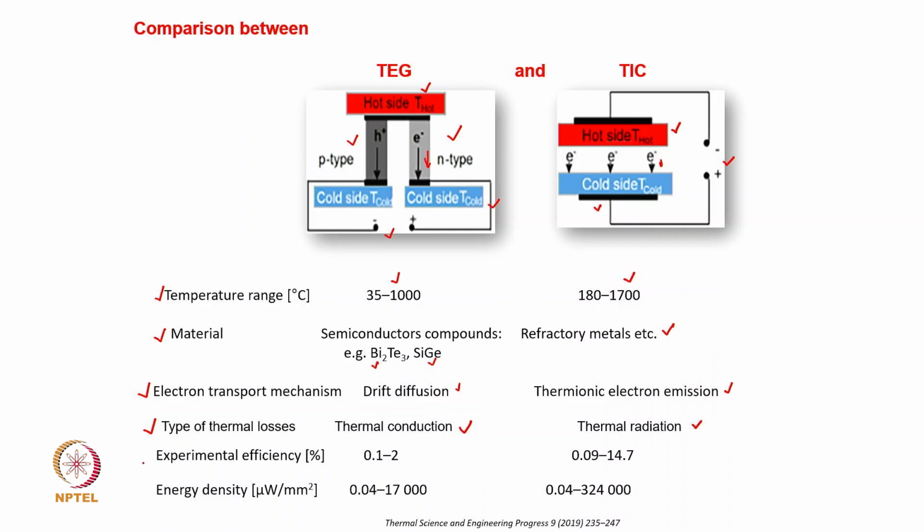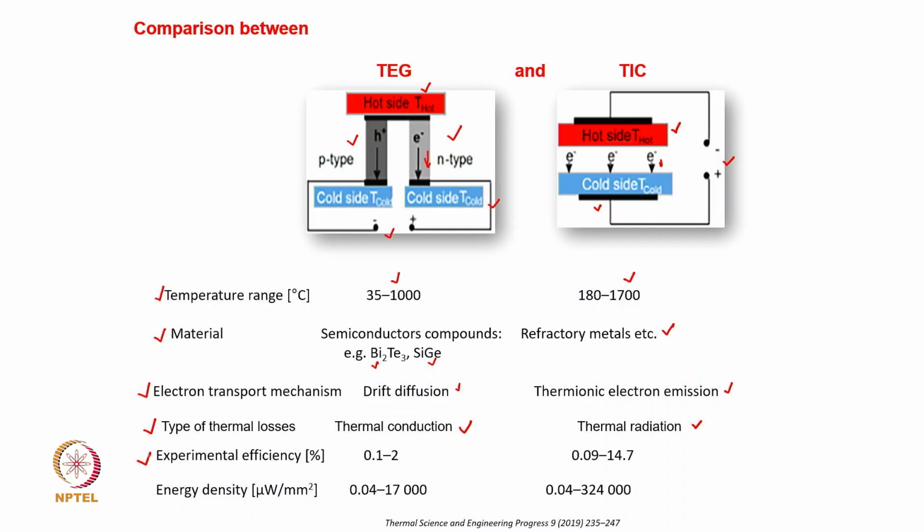When we look at experimental efficiency, so far TEG devices have not shown a very high efficiency. Although a lot of materials have been developed, a lot of materials have been assembled up to nanomaterial, quantum well and so on and so forth. But when we come to a practical device, the efficiency is not very high, 2% or maybe slightly higher.